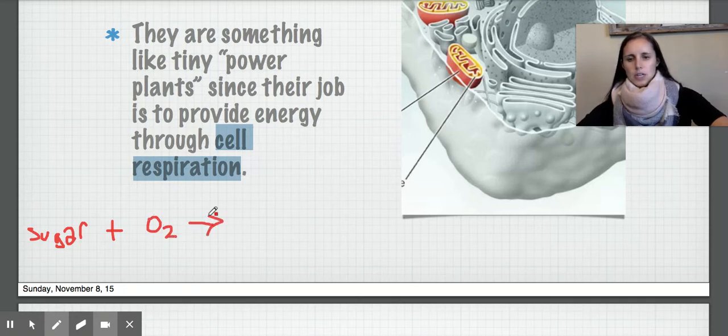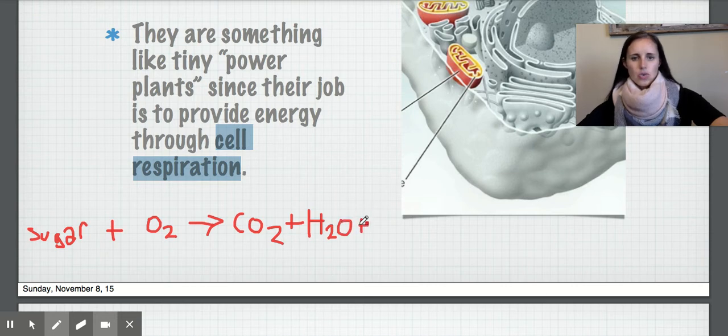And cell respiration is going to take that and turn it into carbon dioxide, water, and most importantly, energy.